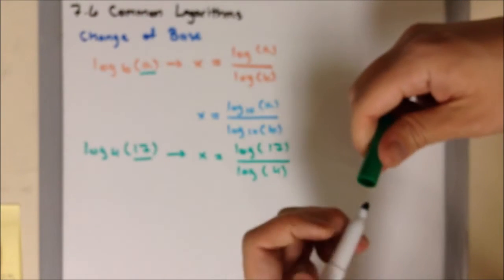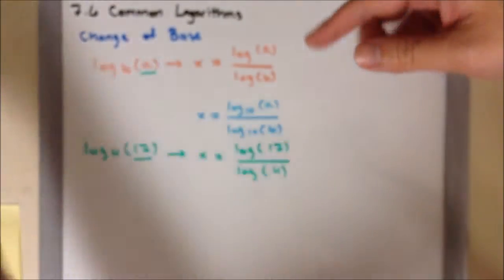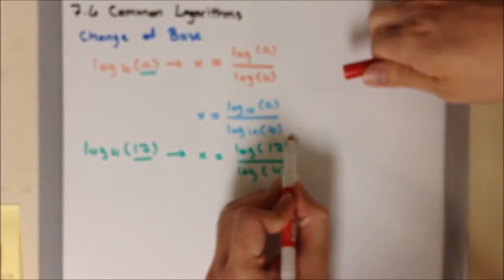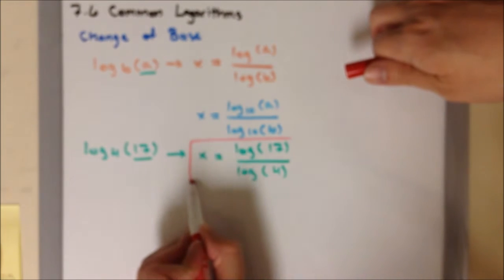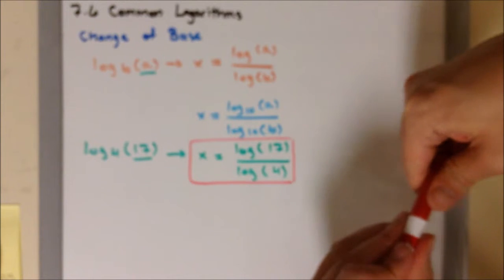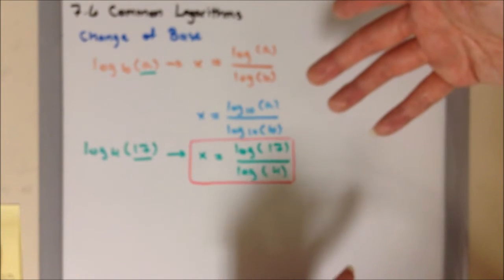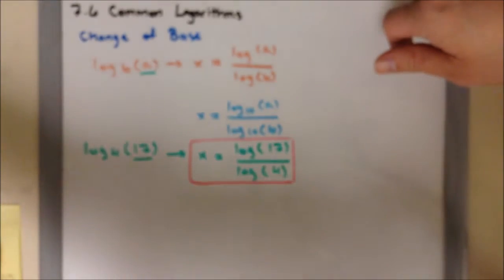Now if you were working without the calculator, this is where you would stop. So x equals log of 17 over log of 4.